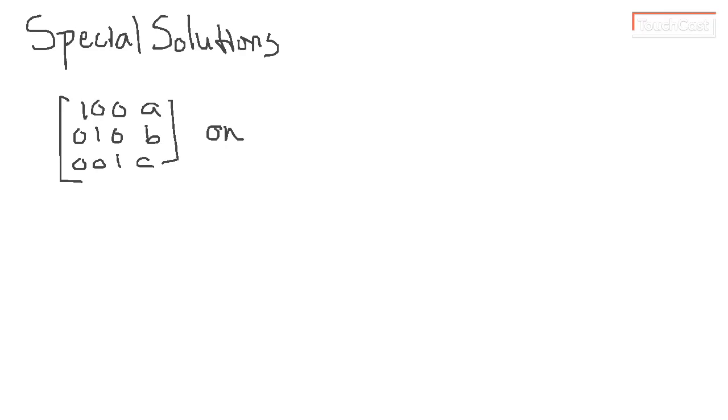If you are going through and putting your matrix into reduced row echelon form, and you get a matrix in the form 1, 0, 0, a value, 0, 1, 0, another value, and 0, 0, 1, and a third value, in this case, you're going to have one solution. And that solution is going to be the three values as an ordered triple.